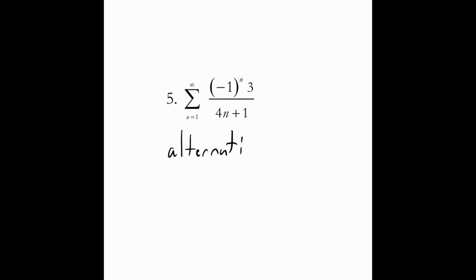What about number 5? This meets our definition of alternating. Right? Notice we have a -1 to the nth power, which means we're going to flip sign back and forth forever and ever and ever, which means we get to just do the very simple alternating series test. Well, let's emphasize, if you ignore the -1 to the n, the positive term is going to be 3 over 4n plus 1.